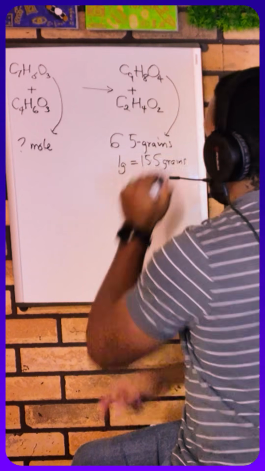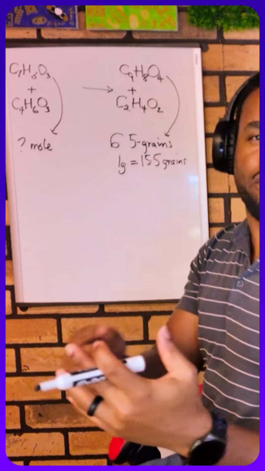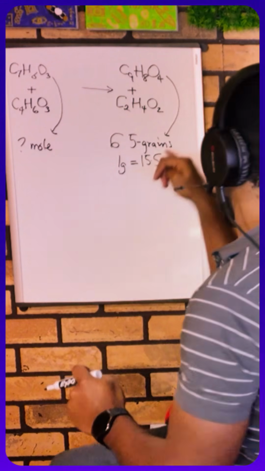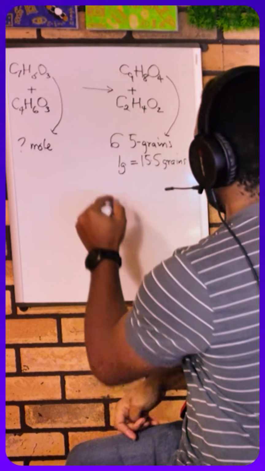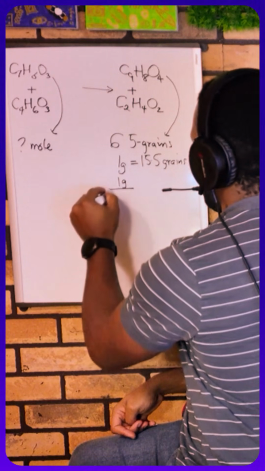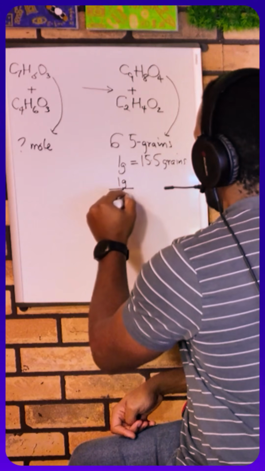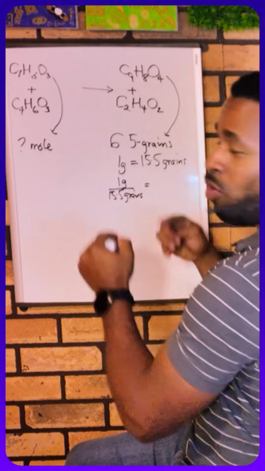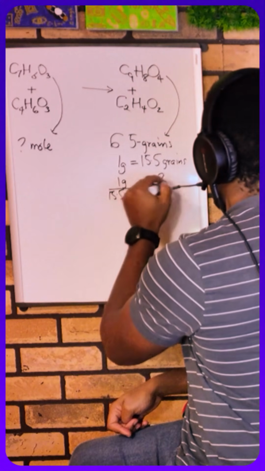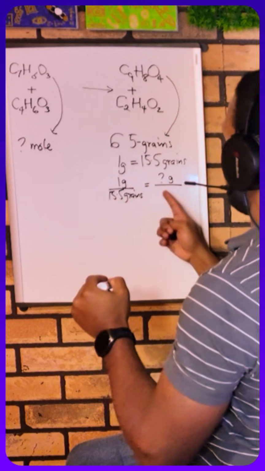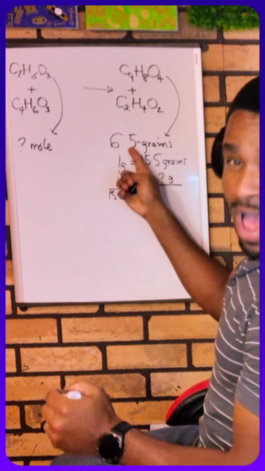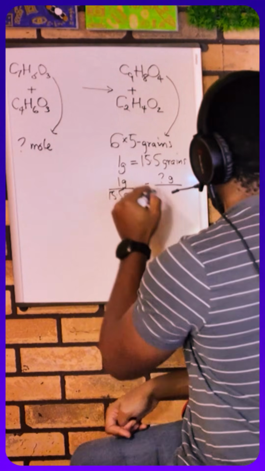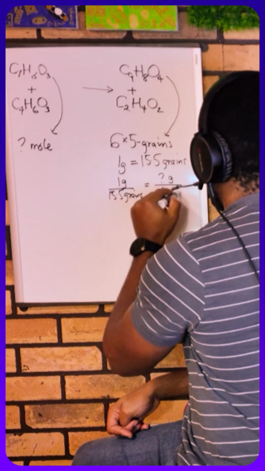Once we have these equivalencies, the first step is to determine the actual grams from the grains given. We know that 1 gram divided by 15.5 grains of aspirin is equal to the unknown mass over the 5 grains. So we multiply our 5 by 6, which gives us 30.